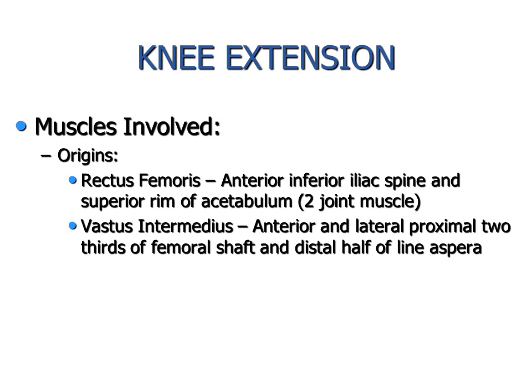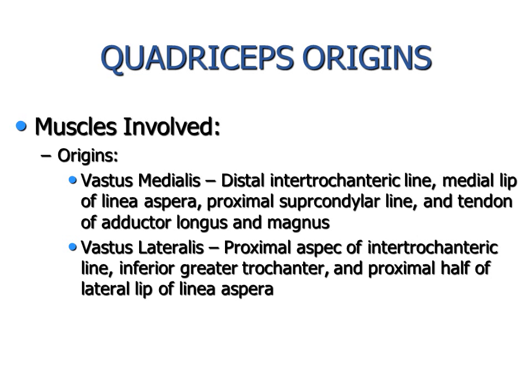So the vastus intermedius wraps around the femur to the posterior side. The vastus lateralis also wraps around the posterior side, having its origin on the lateral lip of the linea aspera. It also attaches to the proximal aspect of the intertrochanteric line of the femur, and then also to the inferior aspect of the greater trochanter.